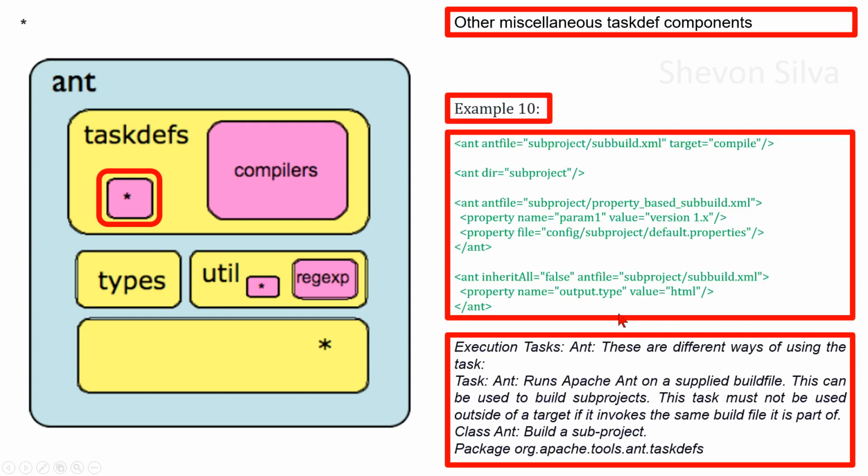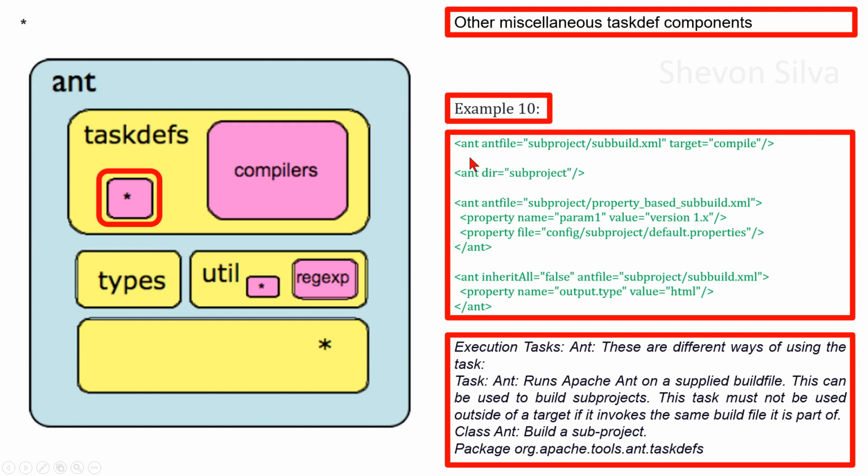Now we are considering Ant in execution tasks. There are different ways of using the tasks. The task Ant runs Apache Ant on a supplied build file. This can be used to build subprojects.